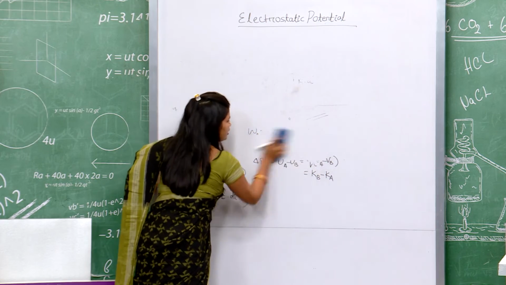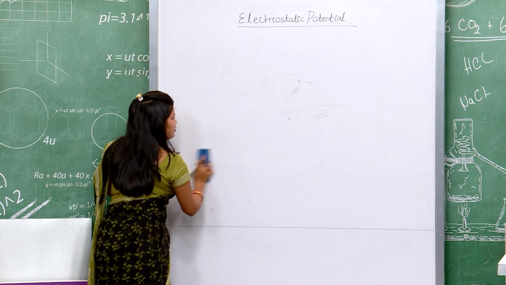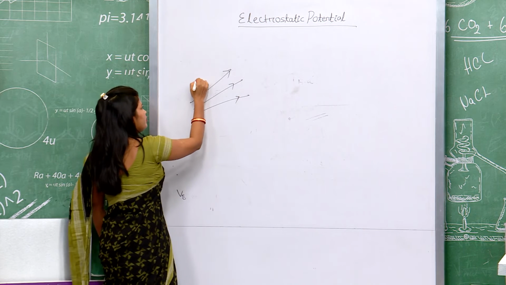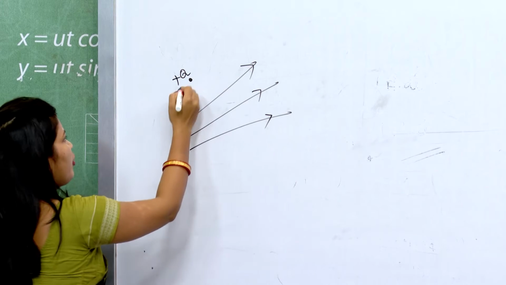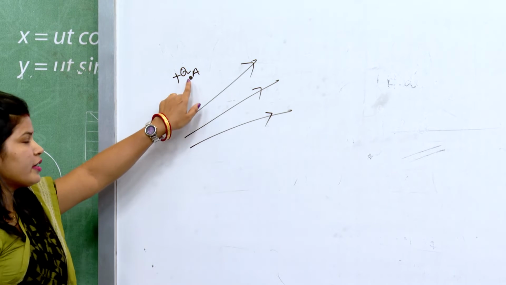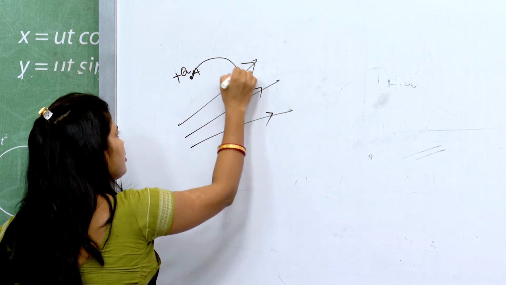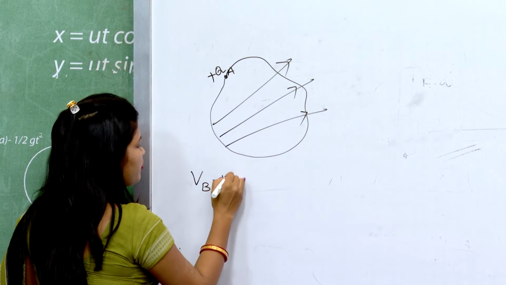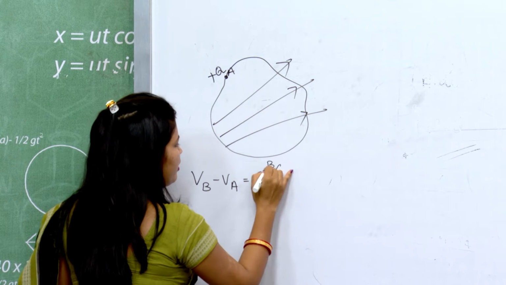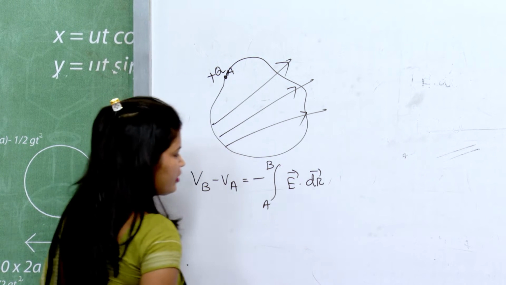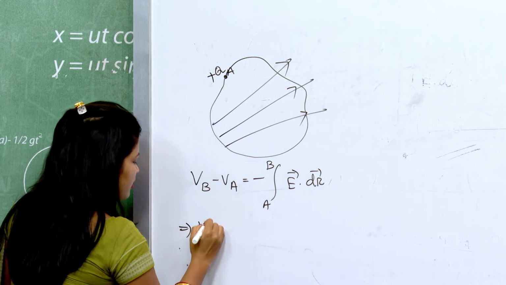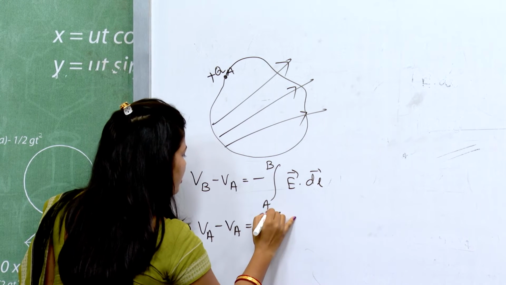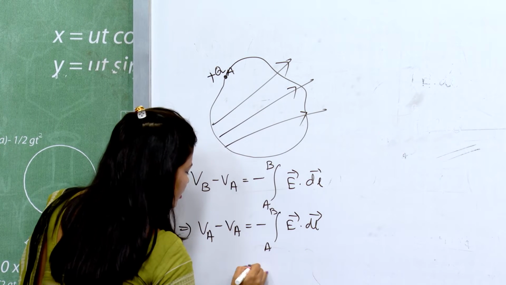Imagine the electric field in space here, and I have a charge Q at point A. I start at point A and walk around and return to the same point A. Then from the relation V B minus V A is equal to minus integral from A to B of E dot dl, since it is the same point, V A minus V A is equal to minus integral of E dot dl, that is equal to 0.